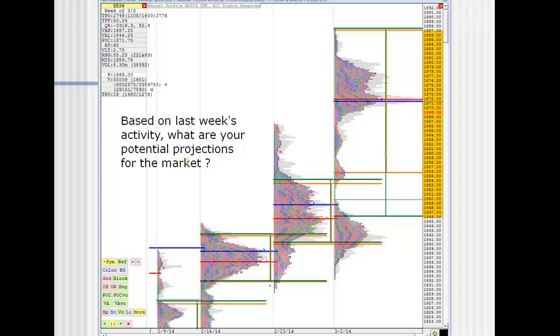So, a reasonable projection for us would be that we're going to have another bullish week next week. Perhaps the market may dip back for a retest of this point of control because we are somewhat close to it, and we are below the half of this upper half that we just discussed.